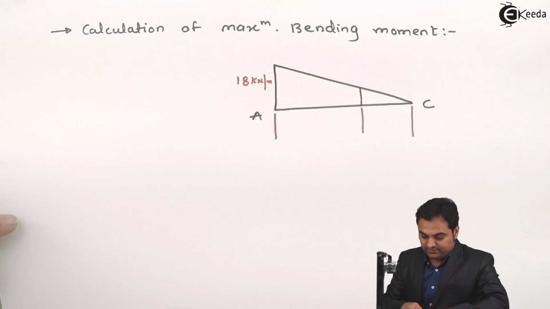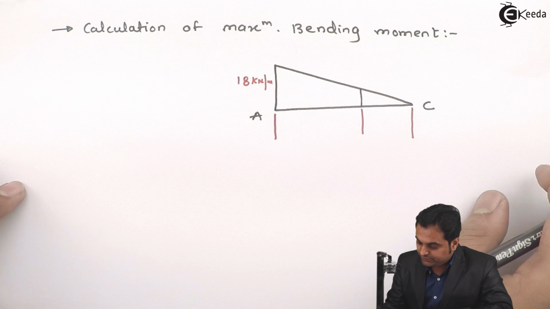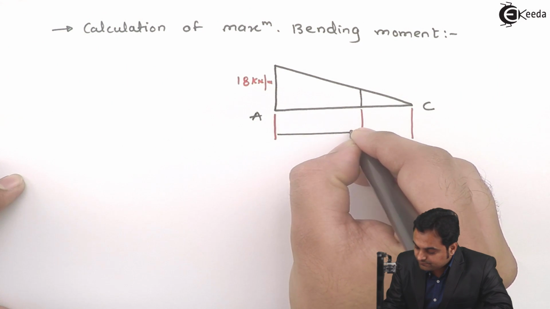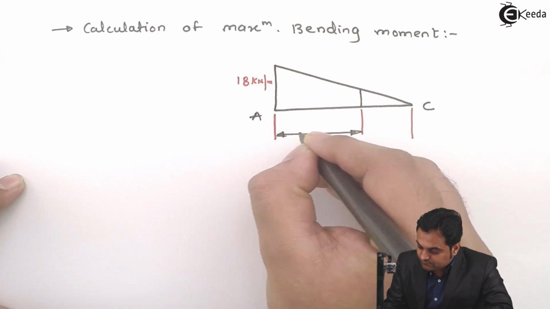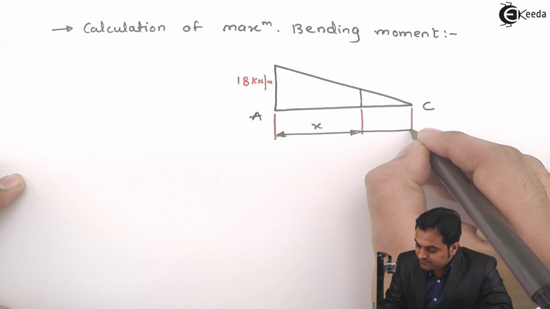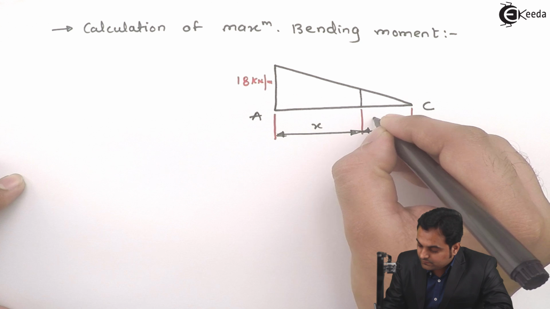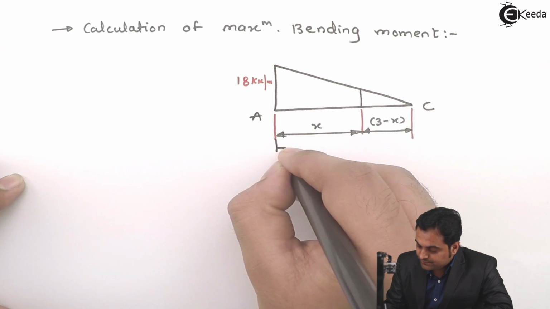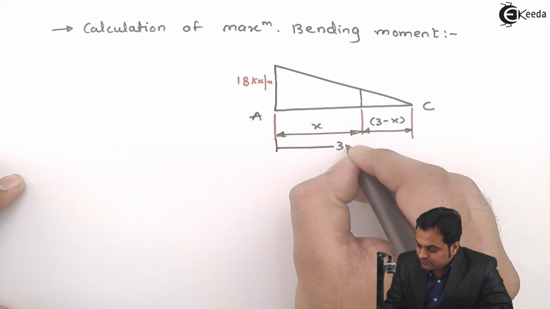Now as I have taken the distance x with respect to point A, and this remaining is 3 minus x, because the total distance is 3 meters.